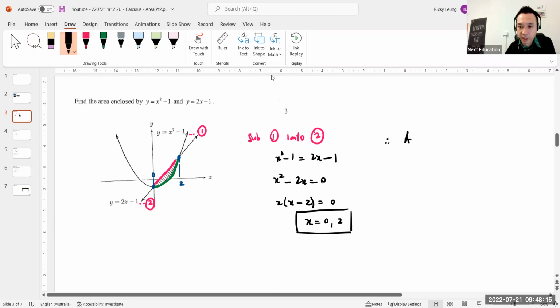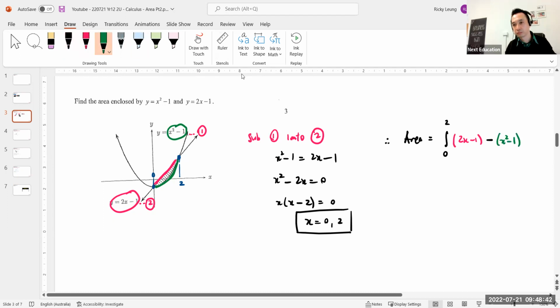So therefore, my area is limits between 0 and 2. Remember, pink, which in this case has the equation of the straight line, so it'll be 2x minus 1, subtracting the green, which is the x squared minus 1, dx.